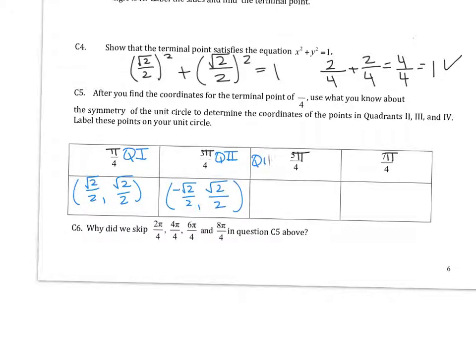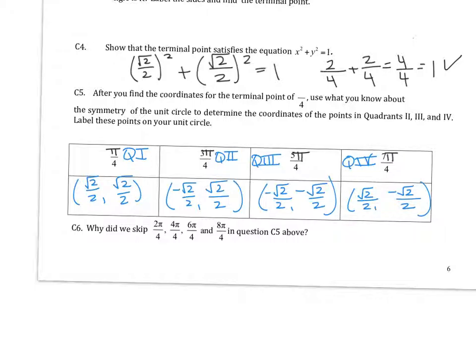This one's in quadrant 3, and that means that they're both negative: negative root 2 over 2, negative root 2 over 2. And then we get to this last one, which is in quadrant 4, where the x is positive, but the y is negative. So that's what you've got. It's the same set of numbers for each one of these points. That's pi over 4. They just changed their signs because of how we're going around.